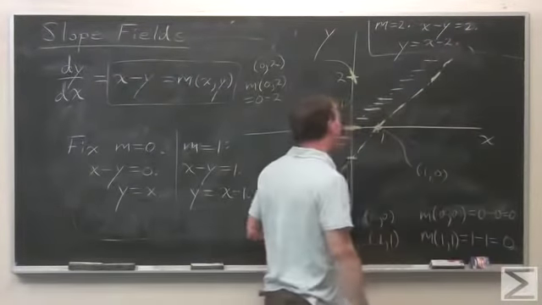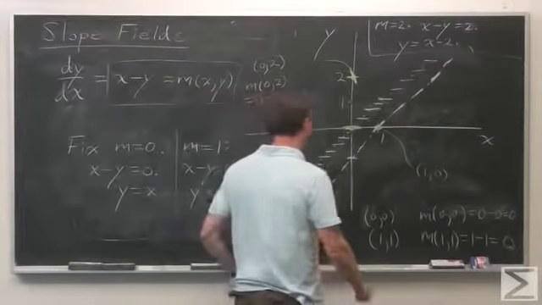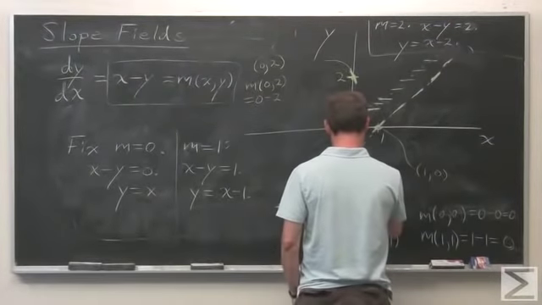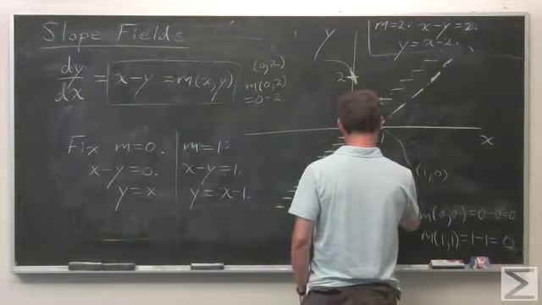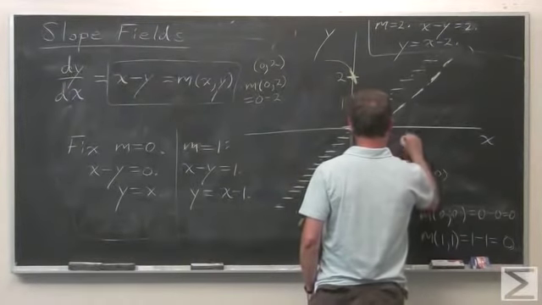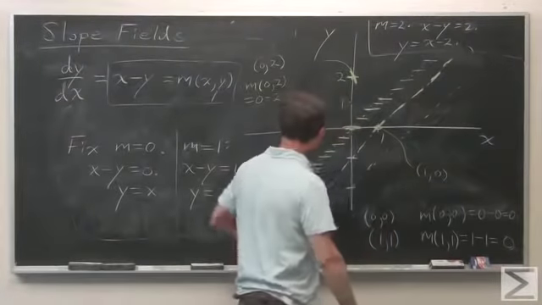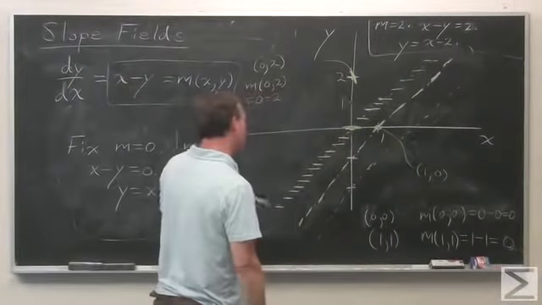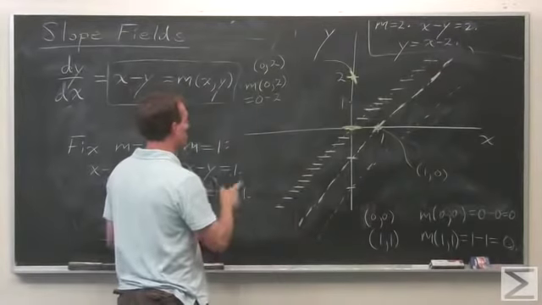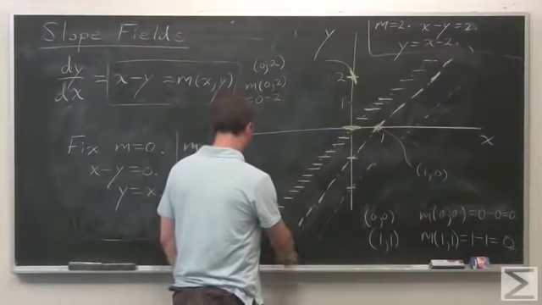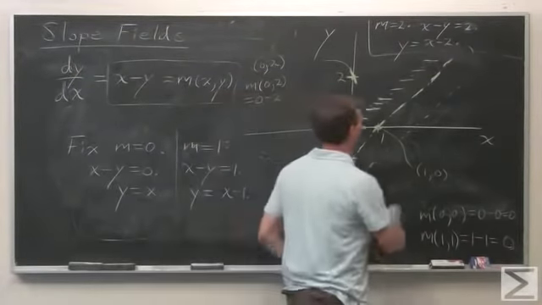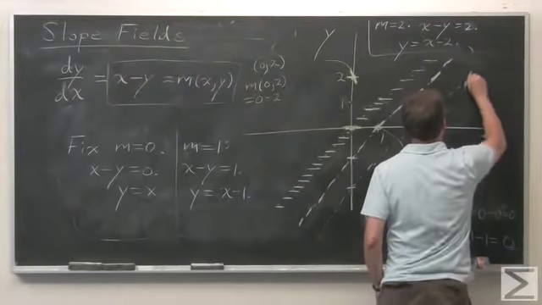Again, it's a line of slope 1, but with y-intercept minus 2. So it's parallel to those lines. That distance is supposed to be the same as that. And now along that line, everything has slope 2. So all the little line segments in our slope field have slope 2.